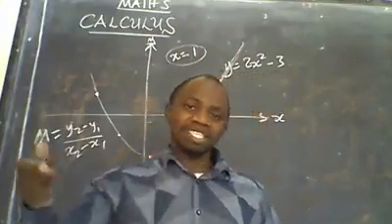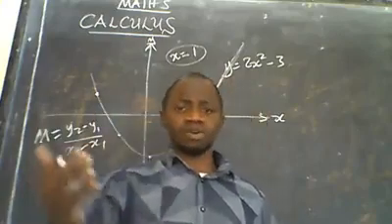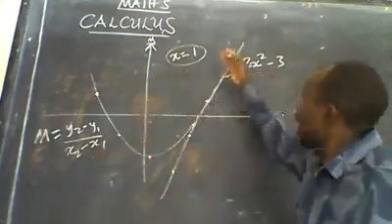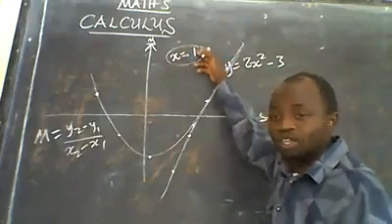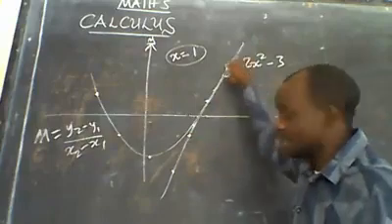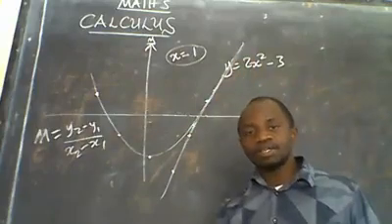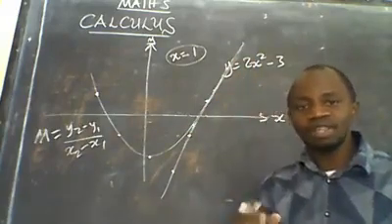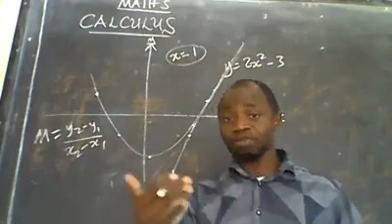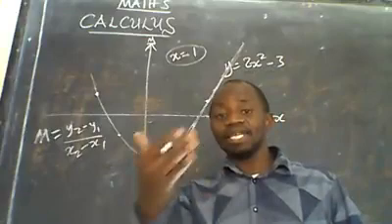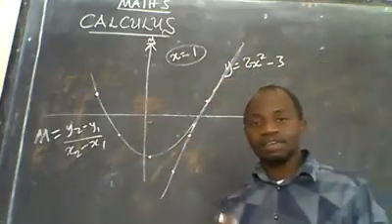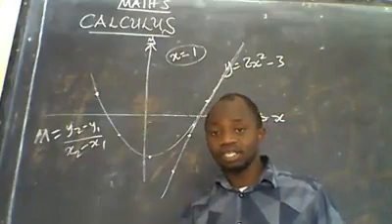You are estimating. You are just going closer to the correct answer. They will say, estimate the gradient of a curve where x is equal to 1. So you draw this. You are just estimating. Even the points you are getting on this tangent will not be as correct as they are supposed to be. They are just approximations, okay? You are just estimating the gradient on that drawn tangent, right?